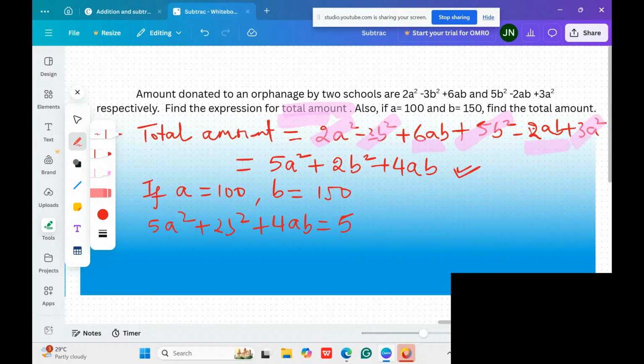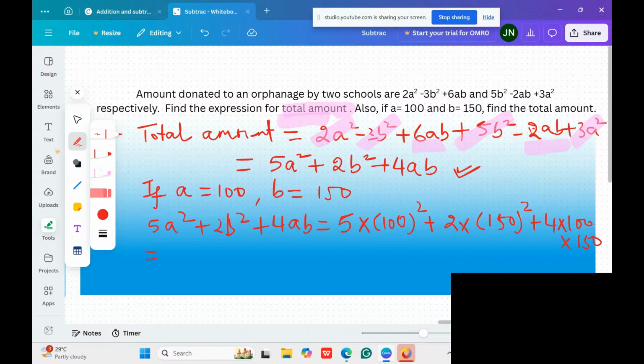Okay, यहाँ पर ध्यान देना है. 5 times a square, that is 100 square, plus 2 times b, which is 150 square, plus 4 times 100 times 150. All right, so you have to solve very carefully.